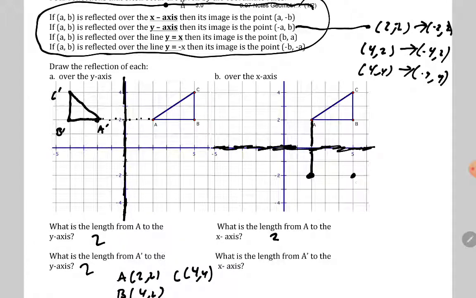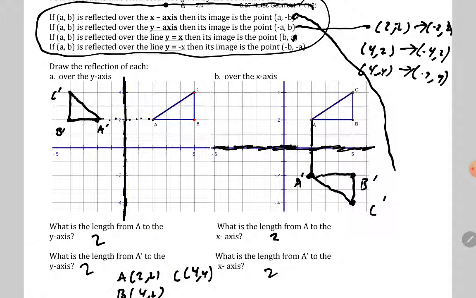Same thing with B. So here's A prime, B prime, and then C prime. I would be using this one, number 1, if I wanted to work it out that way.